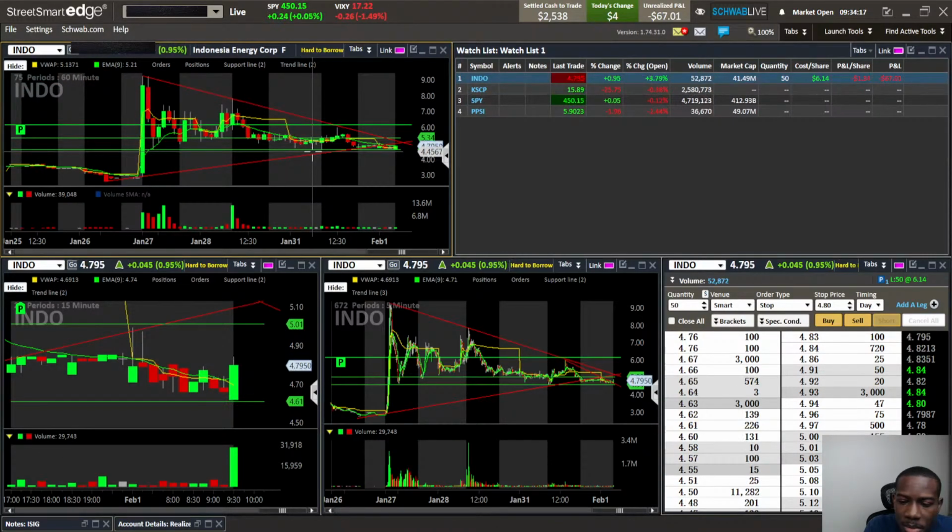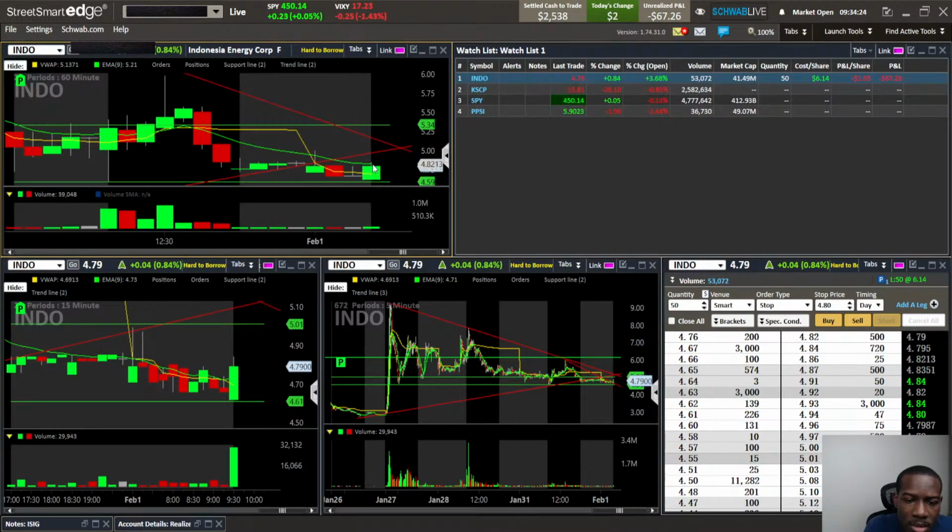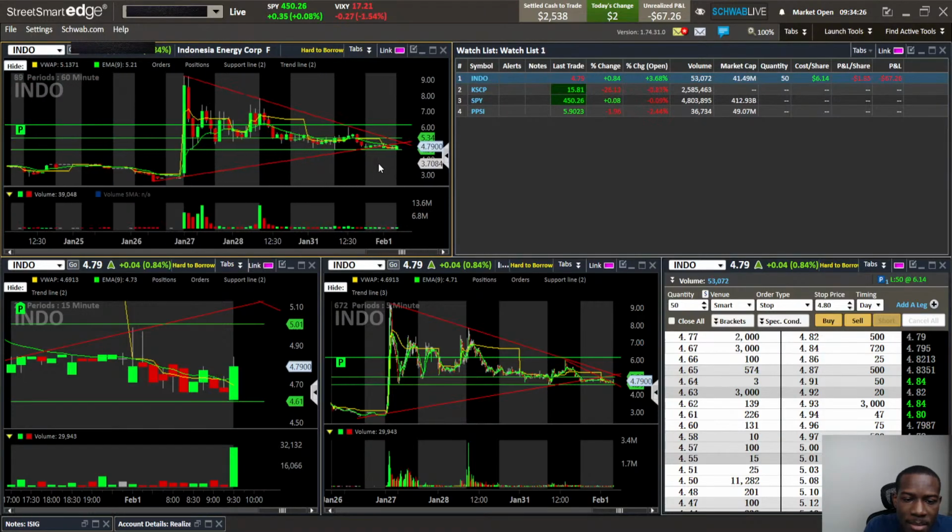Giving it this first couple of minutes out of the open, looking for some volume to come in there and see if it can push up through these levels of this 480 level and start to reclaim that $5.